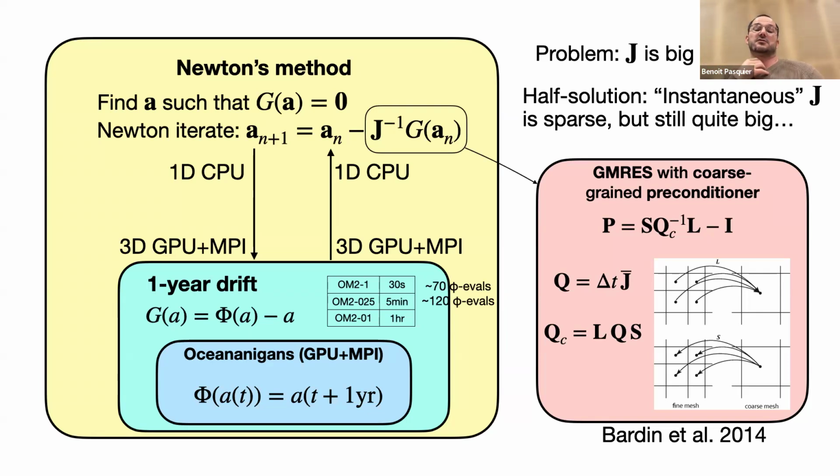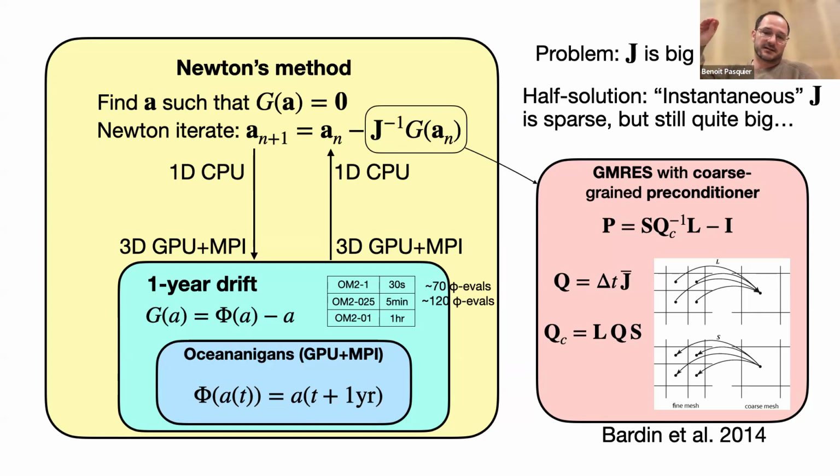And for the approximation, we do two things. The first thing is we take an instantaneous J. That means we take only the average of the Jacobian of the tendency at each time step. So after one time step, the dependencies between grid cells is just the neighbors.